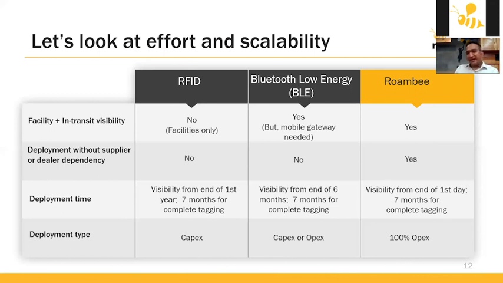The only time that you need to spend is actually tagging your returnable assets as and when they come back into your facility. And Roambee, as a company philosophy, has always opted for providing everything in the form of an OPEX model. And we will talk about that even further as we go down the presentation.